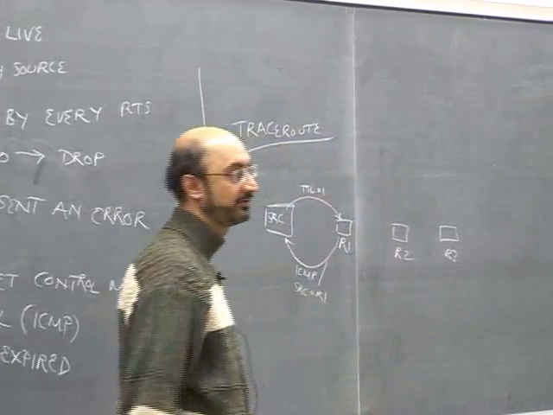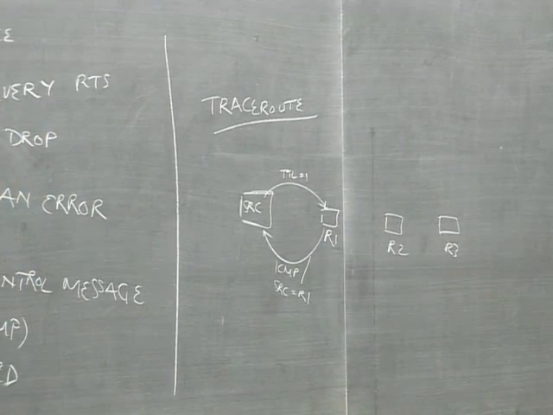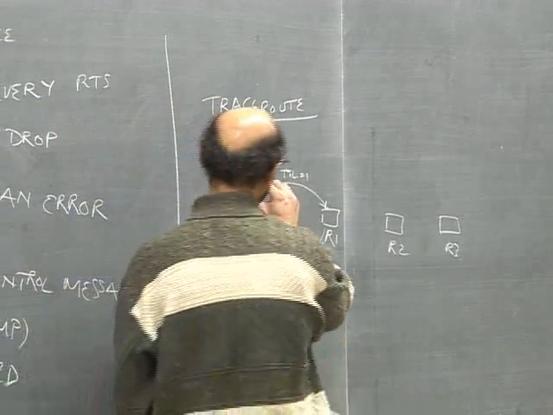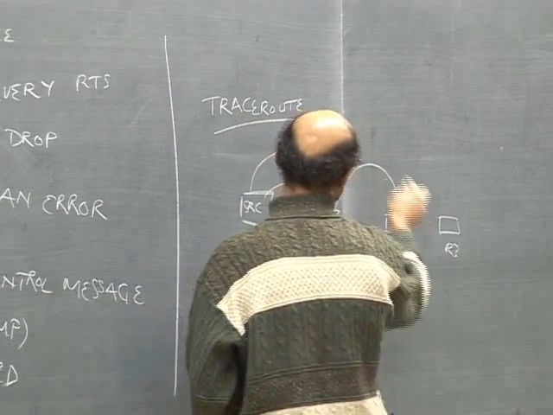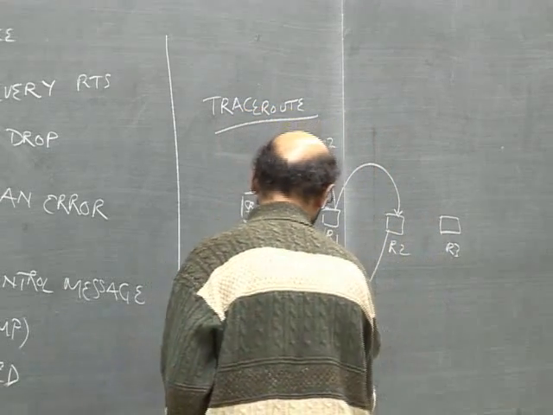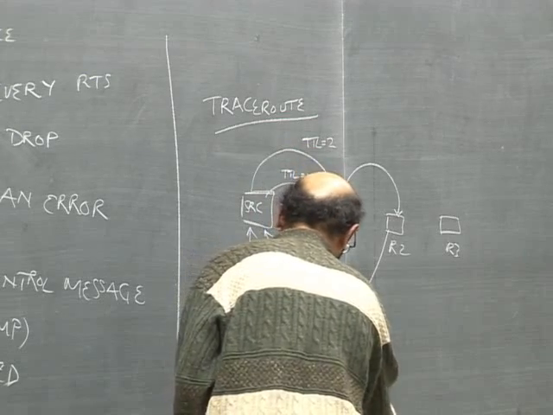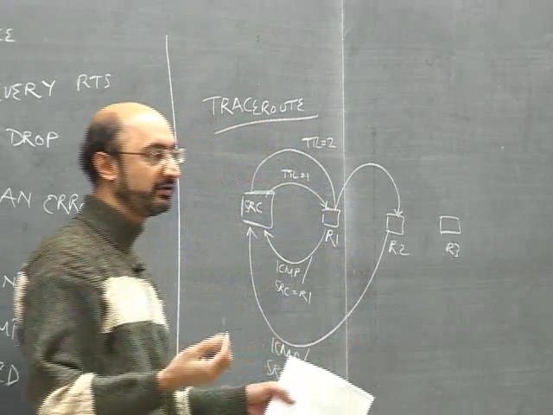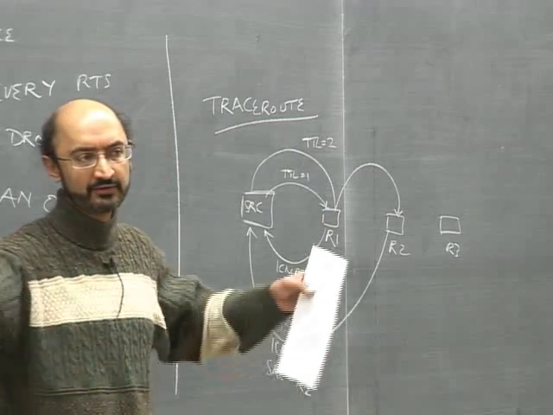So you say, aha, the first router on my path to wherever is R1. Then you send TTL equals 2, and this one is going to expire at the second router. You get back an ICMP message with source equals R2, and you can actually time it. You can say, I sent it at this time, and I got it back at this time, so that's the round trip time.